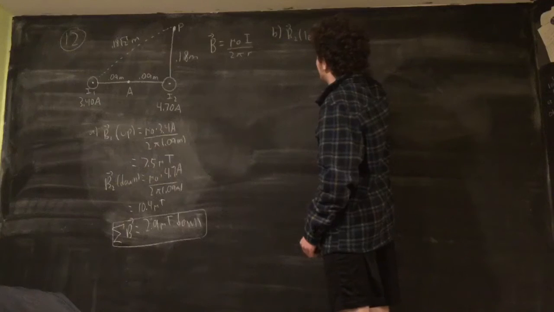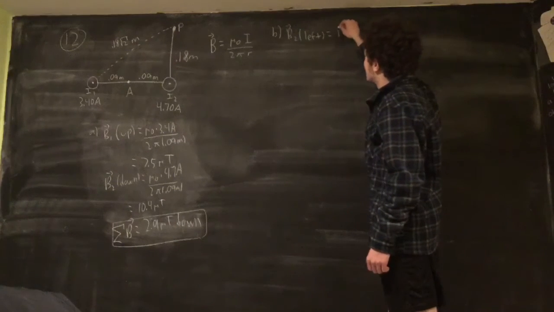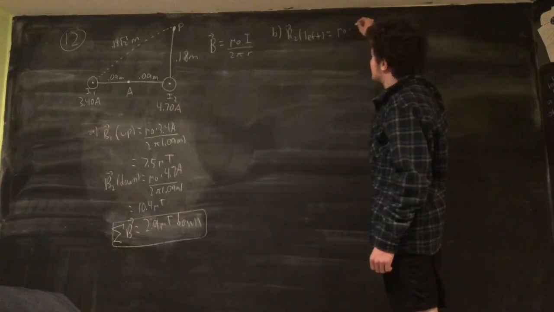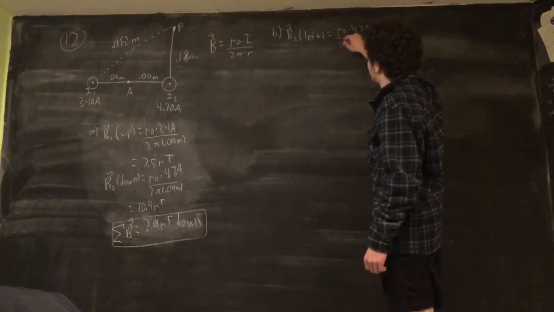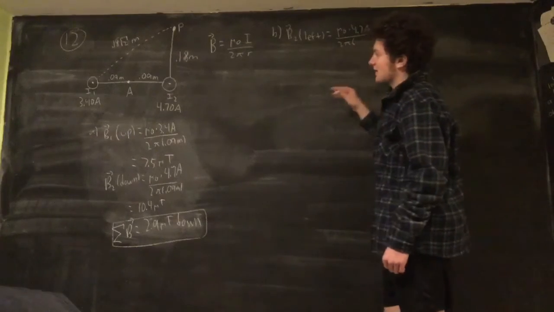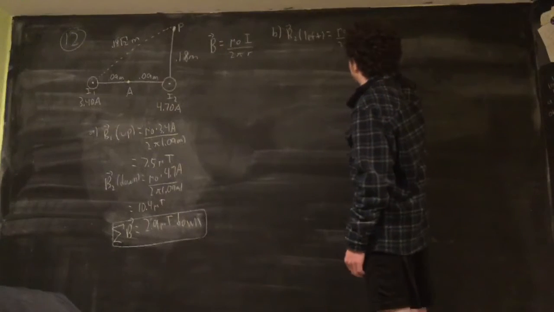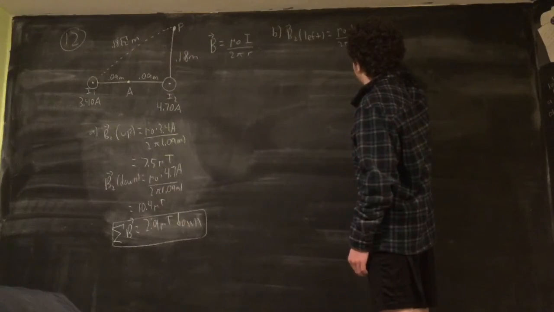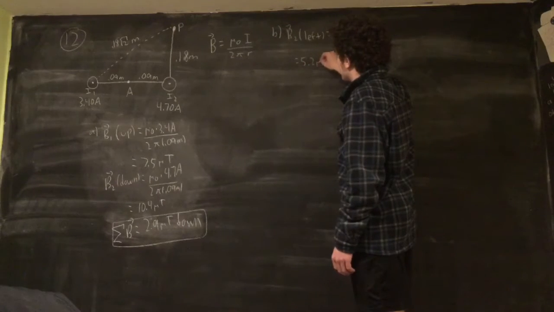So we'll just write left. Then substituting into our equation, mu naught times 4.7 amps over 2 pi times, this time the distance is 0.18 meters. This has a value of 5.2 microtesla.